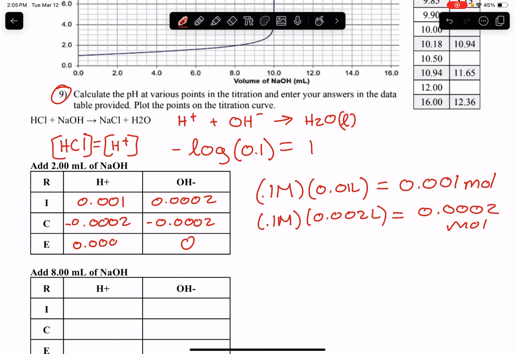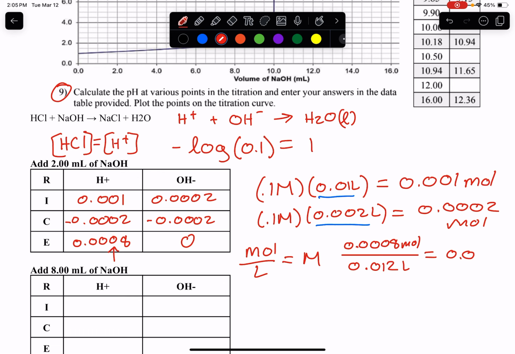So basically we are adding this, and that gets us 0.012 liters. So when we multiply this, our molarity is 0.0667. This is the molarity of the H plus, because in order to find the pH, the negative log of the concentration of the hydrogen ions, that is equal then to 1.18. So that's what we have here.